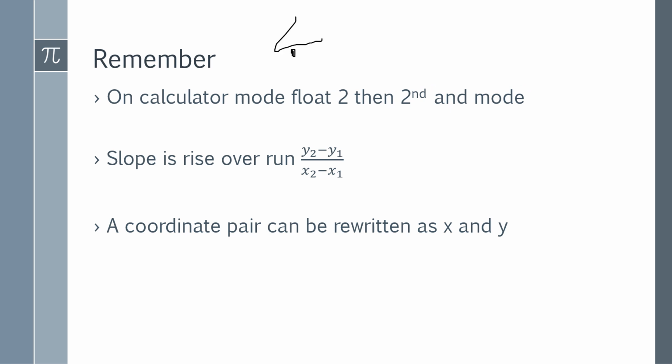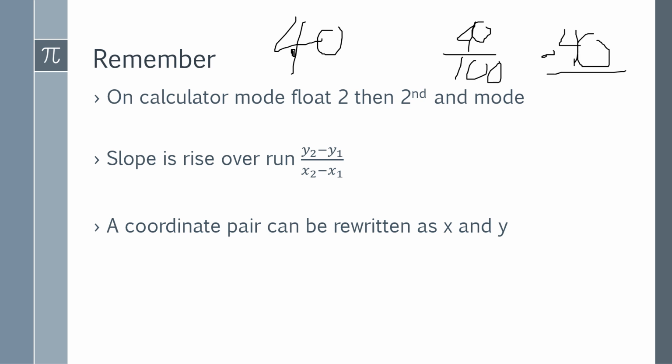Like if you want to do 40%, you're going to put 40 divided by 100, and that's going to give you 0.40, and that's 40%. So when you do that in the calculator, it's real easy, and you don't have to figure out how to write that as a percent.